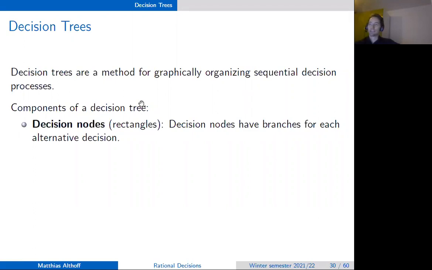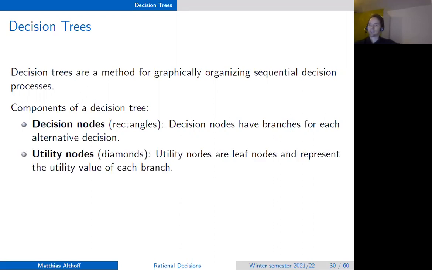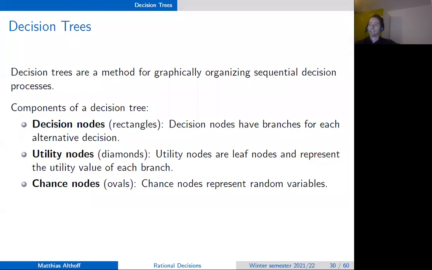A decision tree consists of 3 things. The first are the decision nodes, which are rectangles. This is where the decision is made. Then you have the diamonds, which are responsible for the utilities. And finally, you have ovals, which represent random variables, exactly as for Bayesian networks, where we also used ovals for random variables.